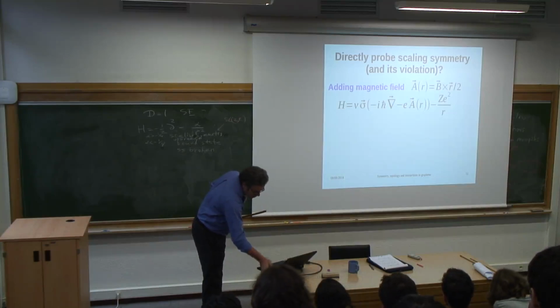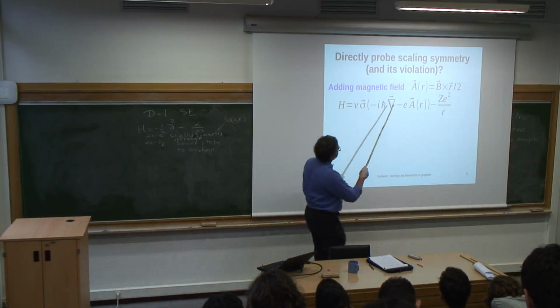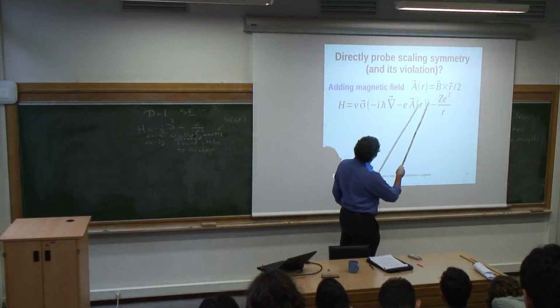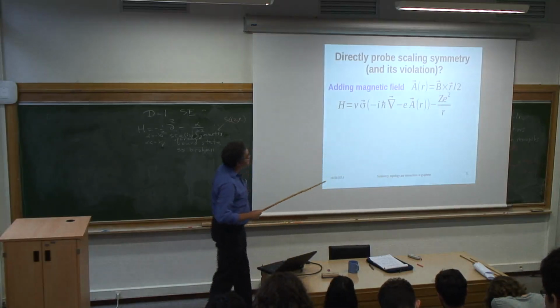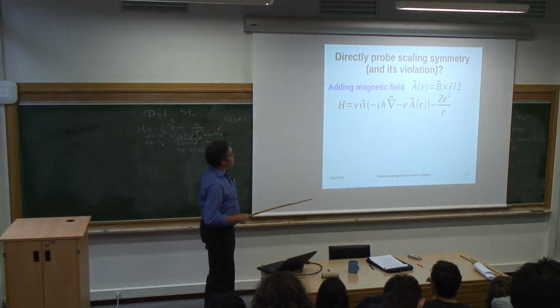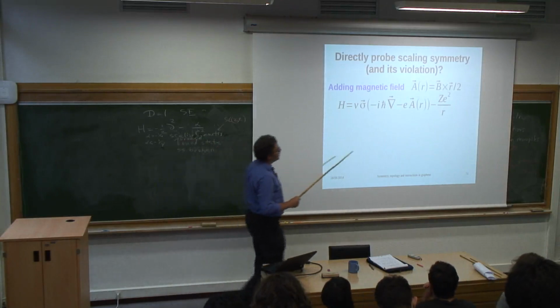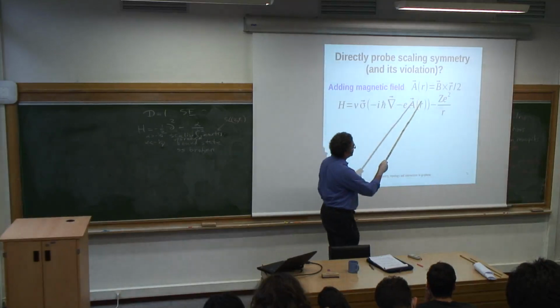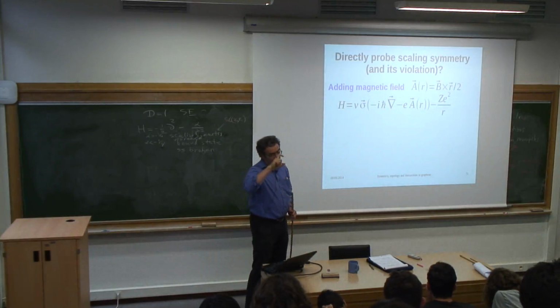So this is an example that I invented for this presentation. You can take a magnetic field and add it to the Hamiltonian and ask how energy levels behave as a function of magnetic field. Now, if we have scaling symmetry, then because of the magnetic field, we have an energy scale. The energy scale will be the Landau level spacing.